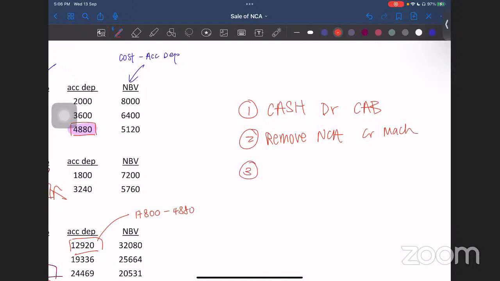And I know that along with my NCA, I also have accumulated depreciation, so I also have to get rid of the accumulated depreciation of the one that I sell. To remove it, I will need to debit the accumulated depreciation. Then lastly, after I've done these 3, I will determine what is the gain or the loss.